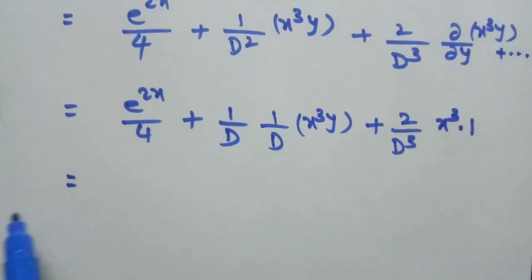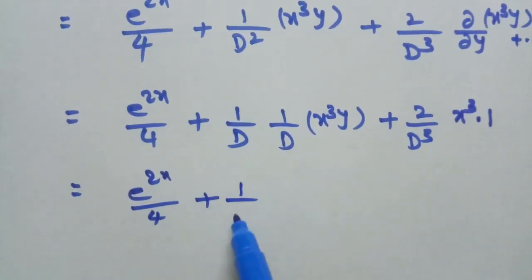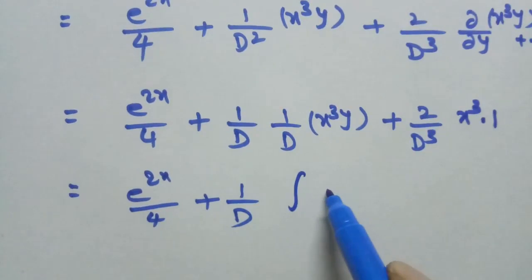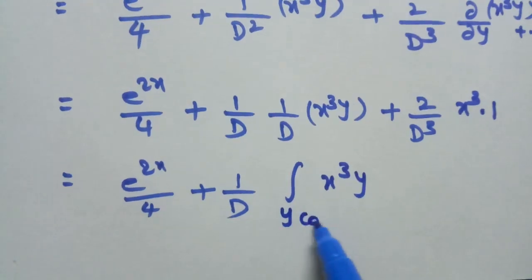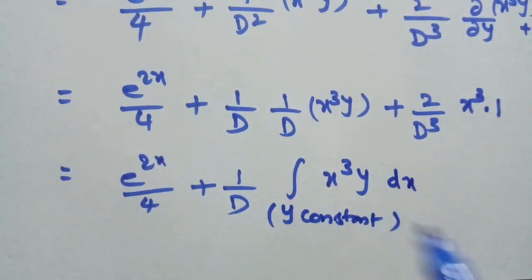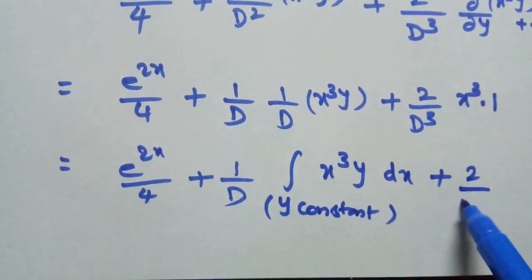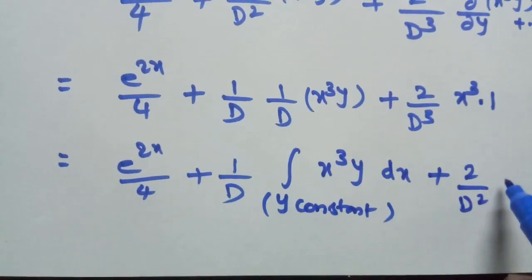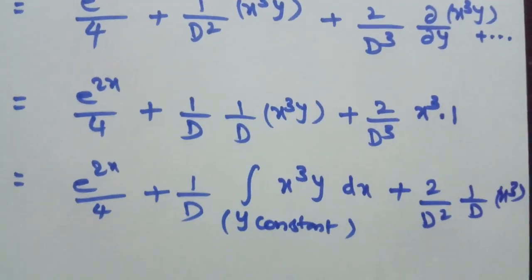Therefore this is equal to e power 2x by 4 plus 1 by D, and 1 by D means, as we already explained, integration of x cube into y, keeping y as a constant, into dx, plus 2 into D cube, that can be written as D square into 1 by D. 1 by D means integration with respect to x.